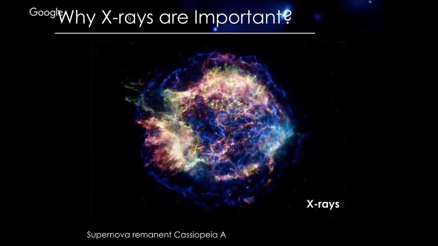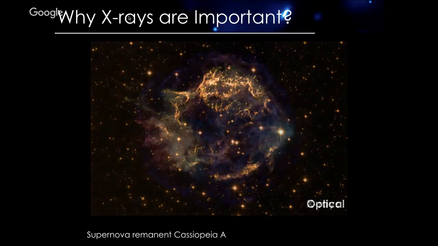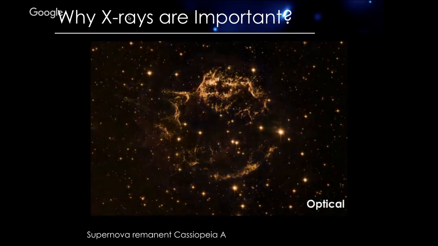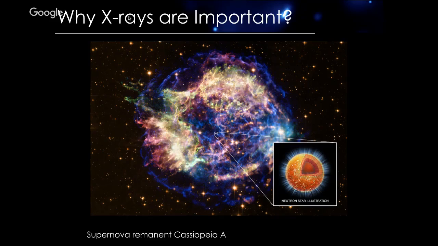So it is quite a contrast, what you can learn by flipping, like I'm doing right now, between optical and X-rays. And if you pay attention in the middle, there is this little point, which is not a bad pixel. It's actually a very strong X-ray emitter, and we now know this is a neutron star, the remnant left after the supernova explosion.